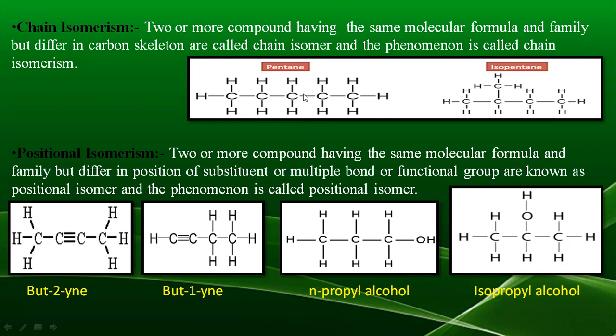What is positional isomerism? When two or more compounds have the same molecular formula and belong to the same family. Same family means both compounds with the same molecular formula contain one double bond or one triple bond, or they belong to alcohol compounds.